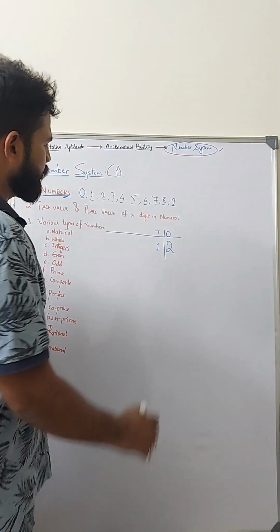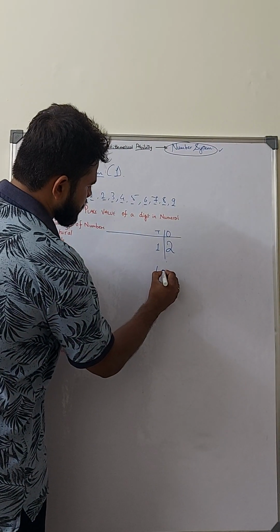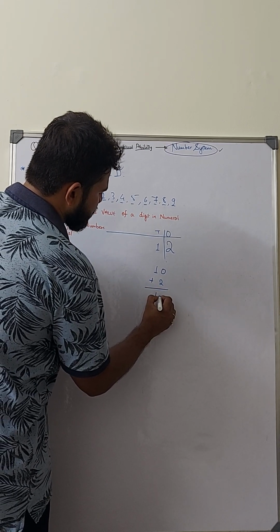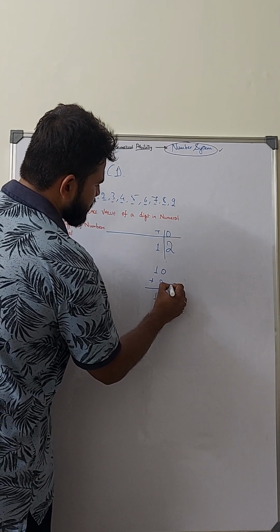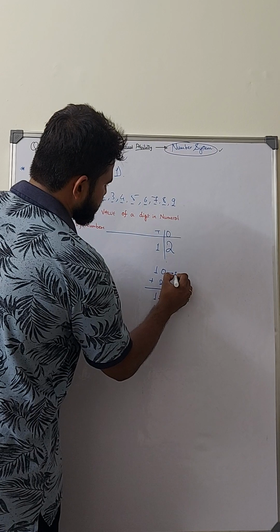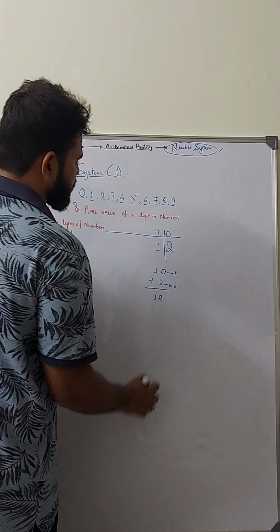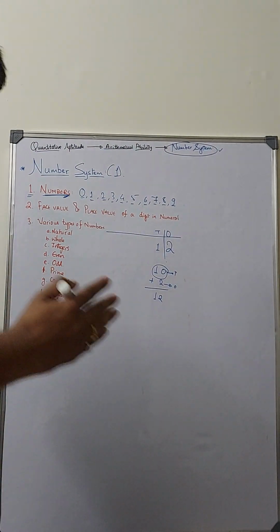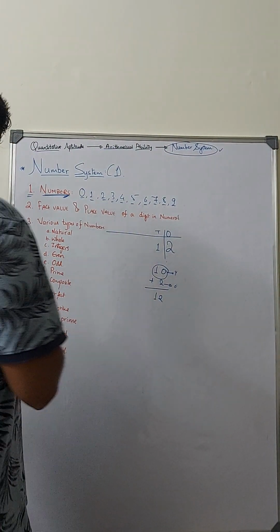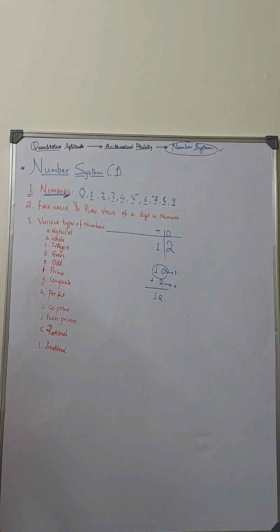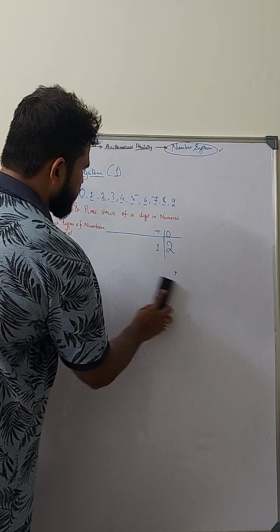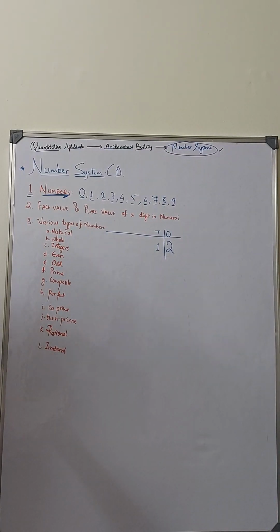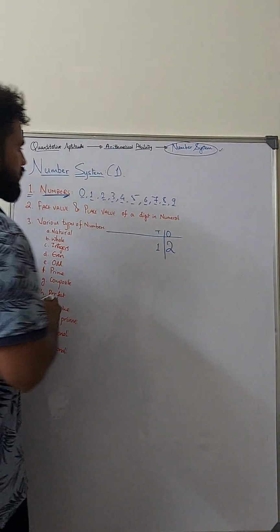How? We are adding this, right? This is ones, this is tens, the whole is a multiple of tens. We'll go into detail later. For now, just look, it will be easier as you move ahead. So this is tens.